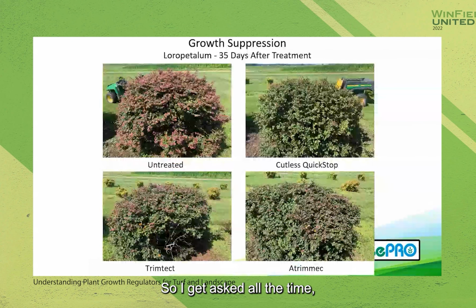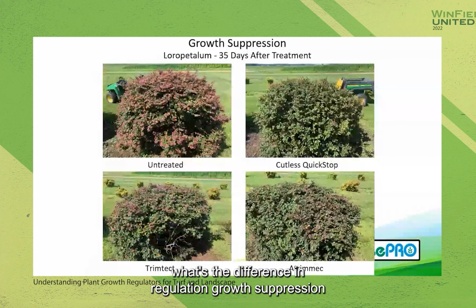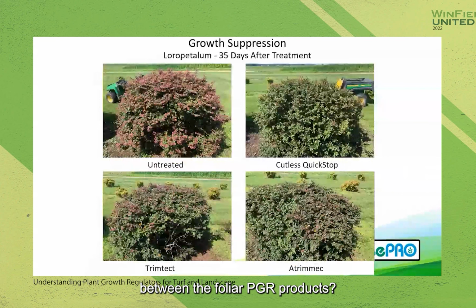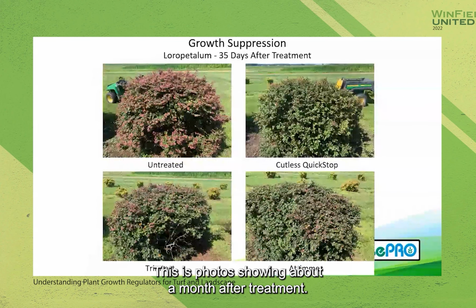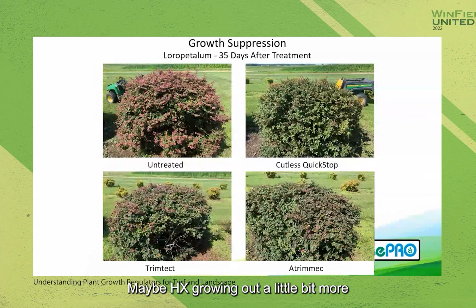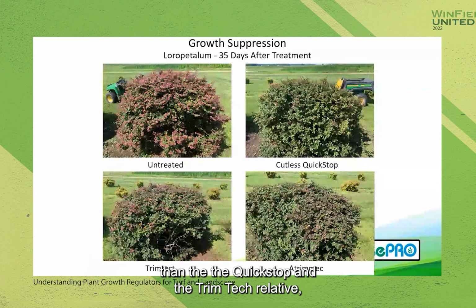I get asked all the time, what's the difference in regulation, growth suppression between the foliar PGR products? I ran a little trial and looked at them all on these Loropetalums. This is a photo showing about a month after treatment. They're all about the same. Maybe Atromec's growing out a little bit more than the Quick Stop and the Trim-Tech.